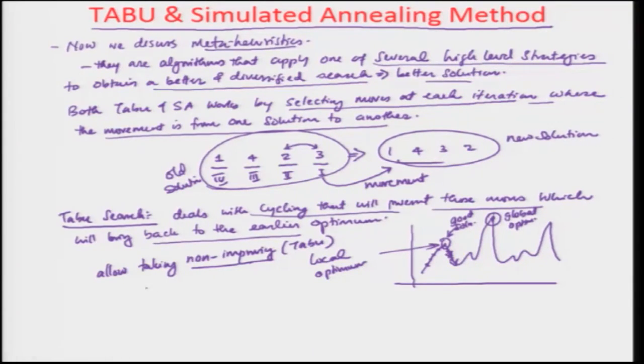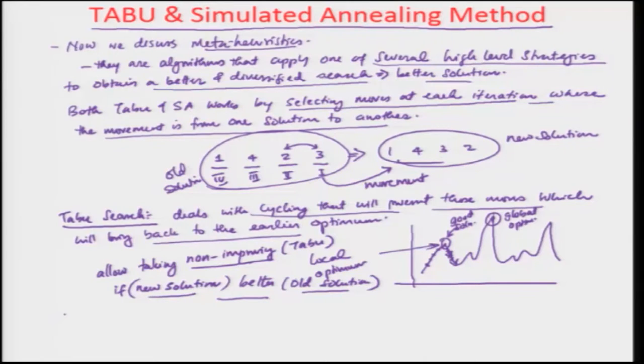The comparison is, is the new solution better than the old solution? That is what we are actually comparing in a metaheuristic. And if yes, then you take this. But in a taboo move, you allow these moves which do not satisfy this. So that is called a taboo search.